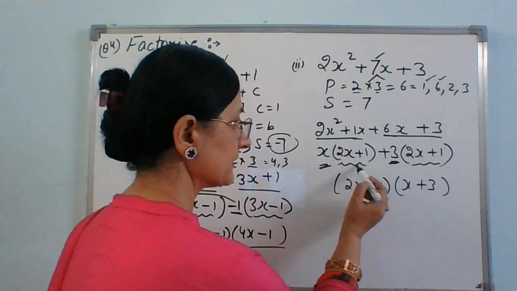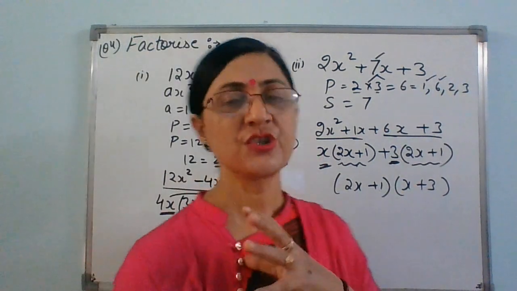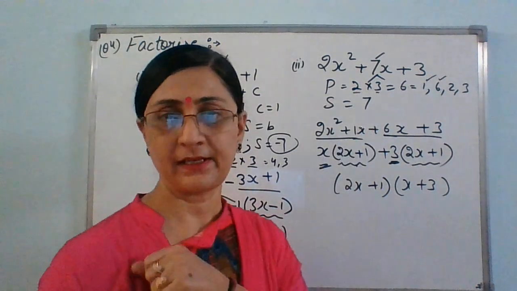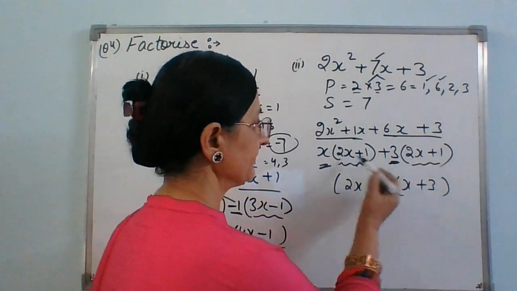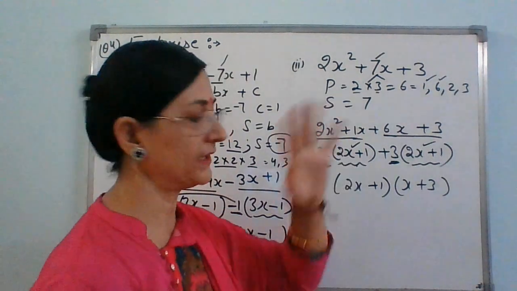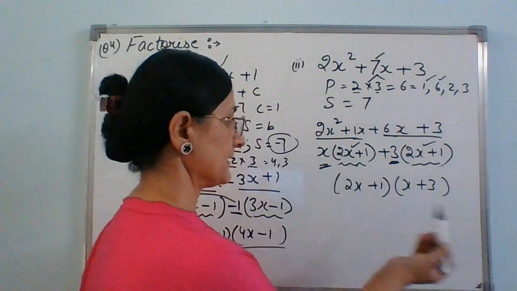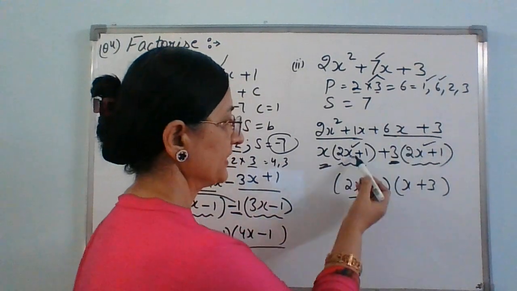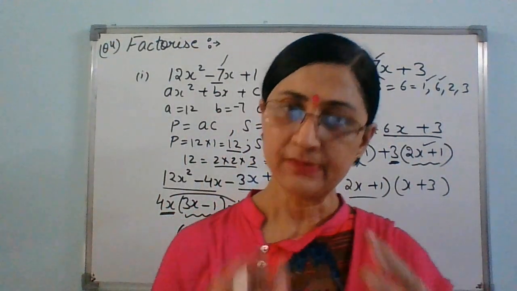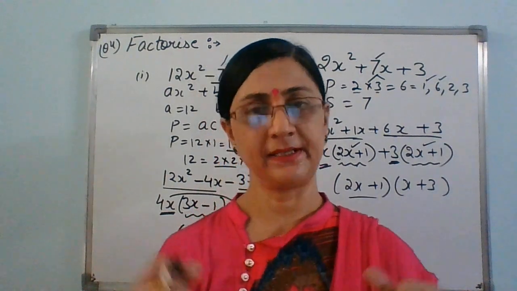To check whether your splitting is correct or not: if you are not getting the same terms inside the bracket, then the splitting is wrong. If I'm getting the same, yes, my splitting is correct. So you get this, and then the combination of this and this. This way we do the factorization of a quadratic equation by splitting the middle term.